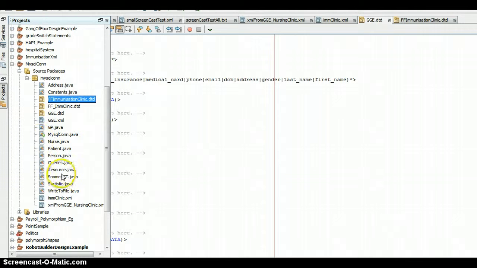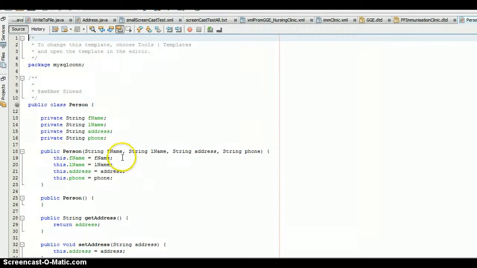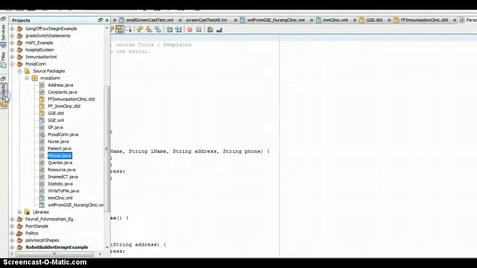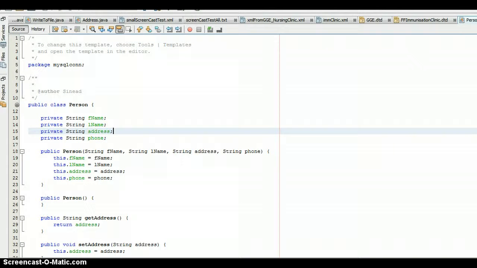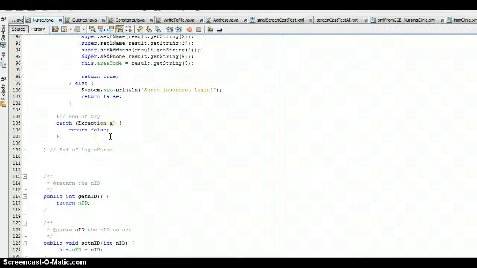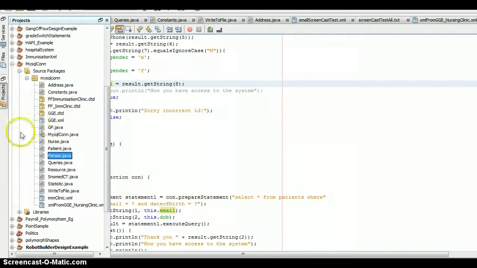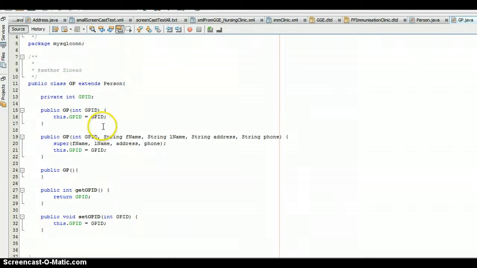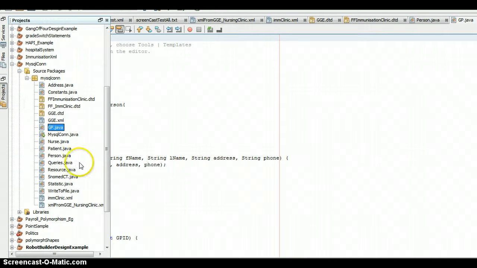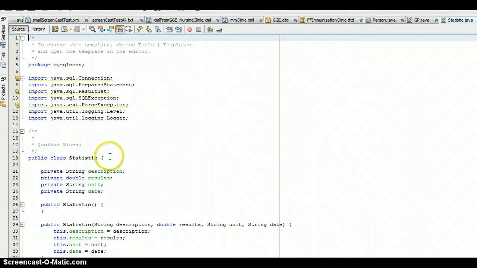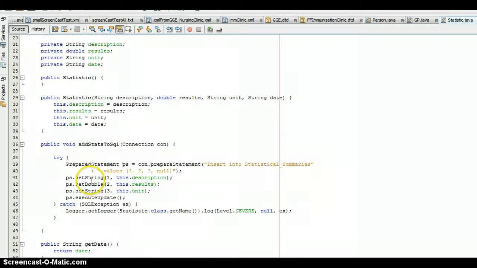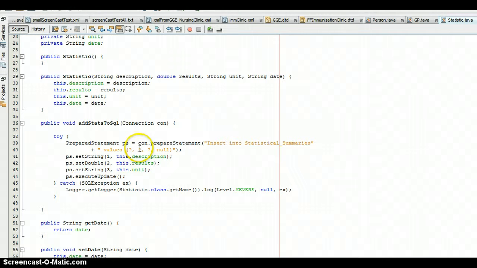I have just one superclass, the patient class, and nurse, patient, and GP extend from it. Then we have a statistic class as well, which is just very basic, and all it has is the description, results, unit and date as the variables, and it just adds the stats to the SQL.